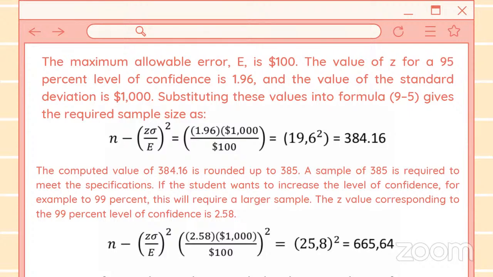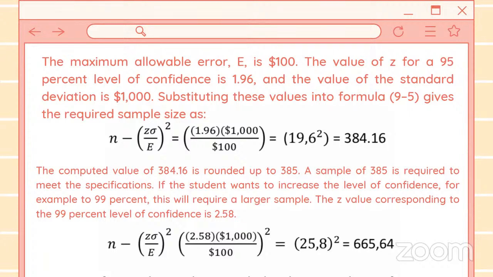And the result will be 384.16. The computed value of 384.16 is rounded up to 385. A sample of 385 is required to meet the specifications.